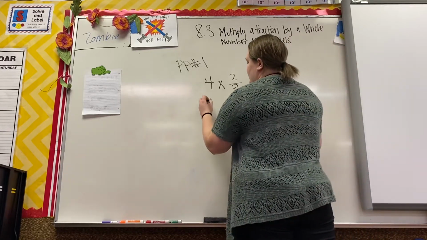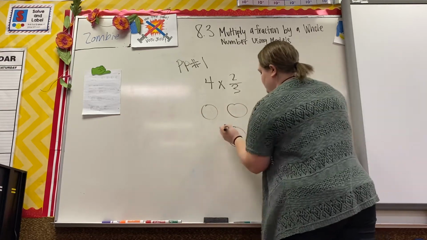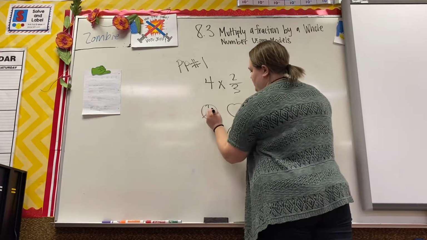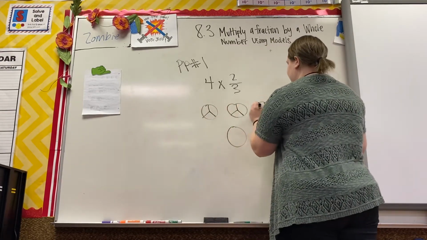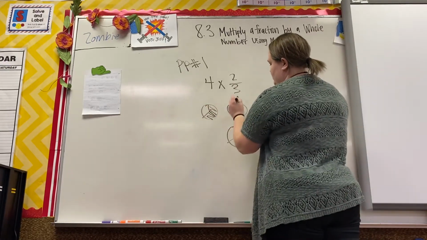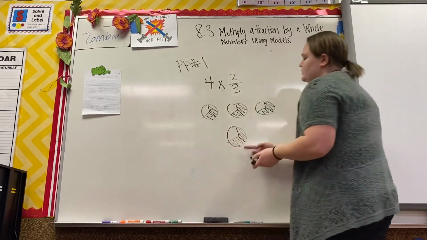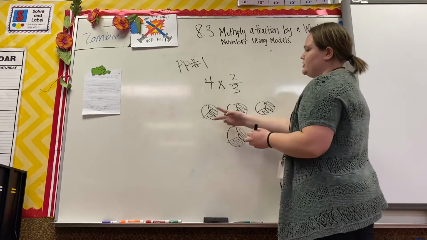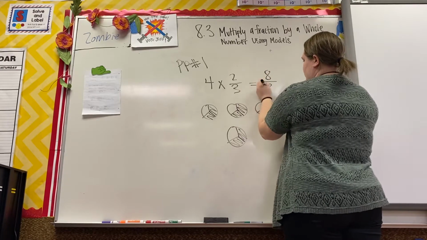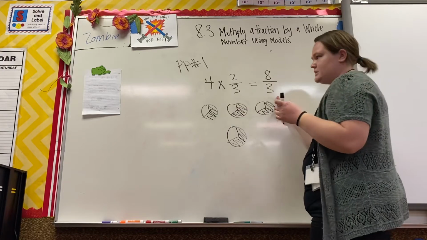So I'm going to draw 4 circles, and I'm going to split them into thirds. And then I'm going to shade in 2 of each group. So I can see that I have 2, 4, 6, 8 thirds. 4 times 2 is 8, and I keep my denominator the same.